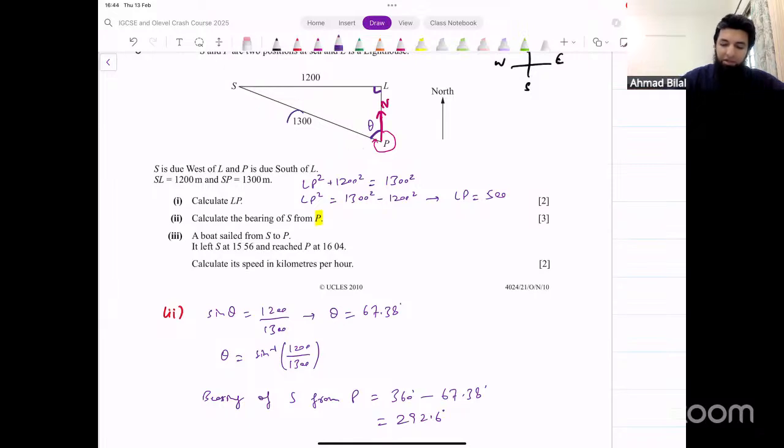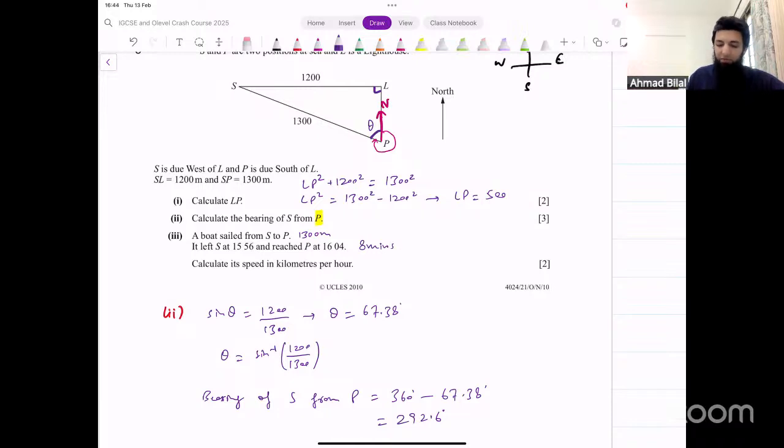It's covering 1300 meters. Now, it left S at 1556 and reached P at 1604. How much time is that? So we have 4 minutes left in this hour and then 4 more. That's 8 minutes in total.